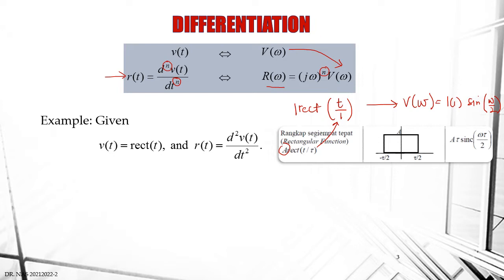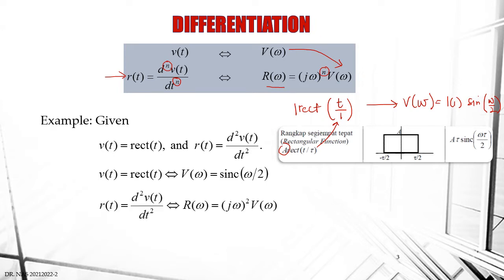Okay, next you need to find what is R(ω). So R(ω) is the second derivative of v(t). In this case, R(ω) equal to (jω) to the power of the order number, so the order number is 2, times V(ω). What is your V(ω) just now?